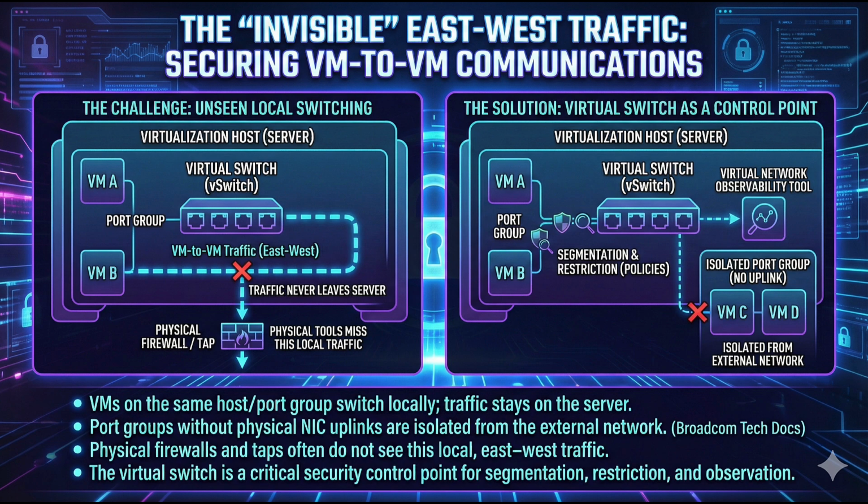That's great for performance, but it means a physical firewall or physical span/tap may not see this east-to-west traffic. So, from a security perspective, the virtual switch is not just plumbing. It's a control point where we segment, restrict, and observe traffic close to the workloads.